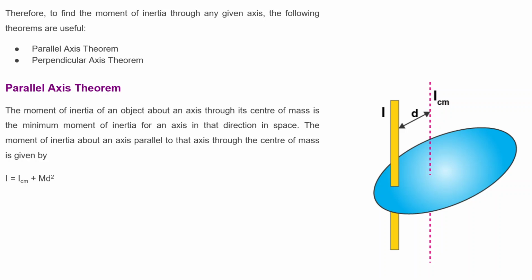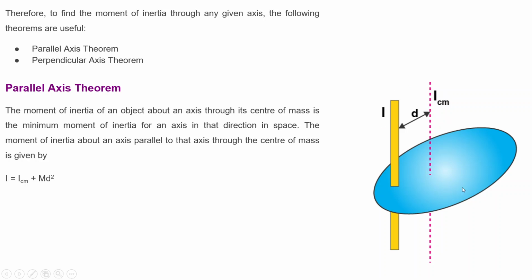That point can be inside or outside the material. For a ring, for example, we say the center is the center of mass, where actually the mass of the ring is not there, but that's how it's defined.